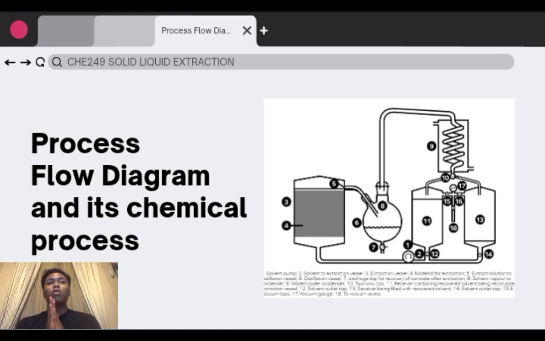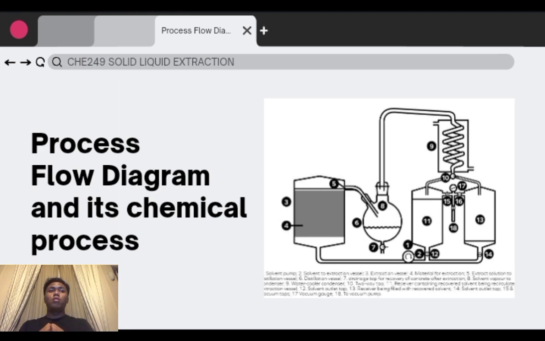Once the plant material has been treated with the solvent, it produces a waxy aromatic compound called a concrete. Then the concrete will be mixed with alcohol, and the oil particles will be released from the alcohol. Okay, now I'm going to go through the PFD, which is the process flow diagram for this essential oil extraction.